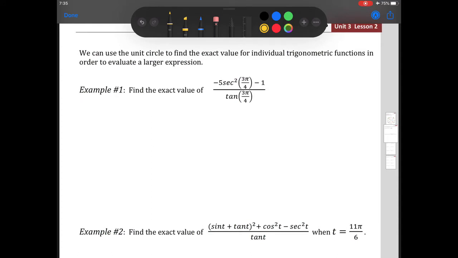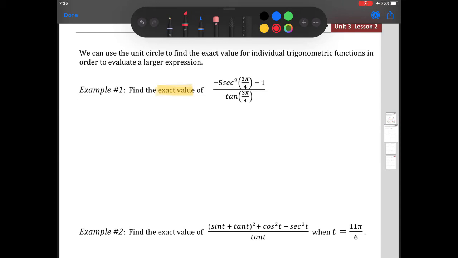So what does it say? We can use the unit circle to find the exact value of the trigonometric function in order to evaluate a larger expression. So our first example says find the exact value. Again, whenever we see the word exact, I always say do not put it in the calculator.